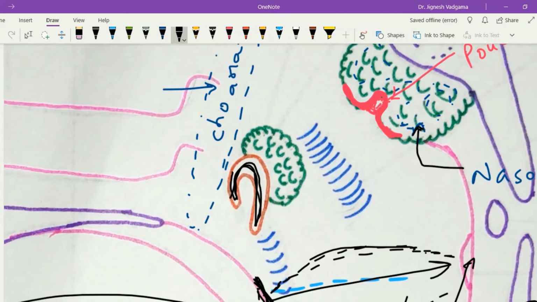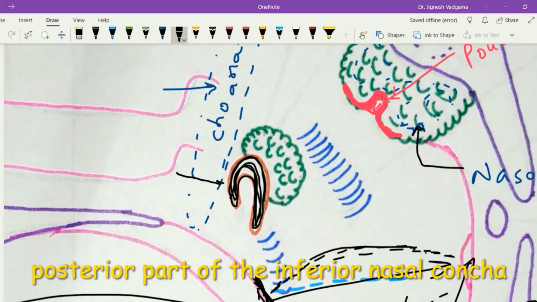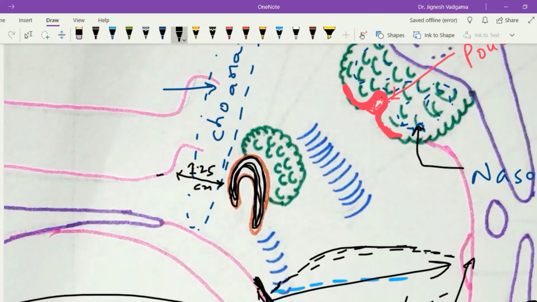It is the pharyngeal opening of the cartilaginous part of the auditory tube, which is about 1.25 centimeter behind the posterior end of the inferior nasal concha. This auditory tube communicates the middle ear cavity with the nasopharynx, and it is also responsible for maintaining the equilibrium of the pressure within the middle ear cavity and the nasopharynx, so we can say with the exterior.